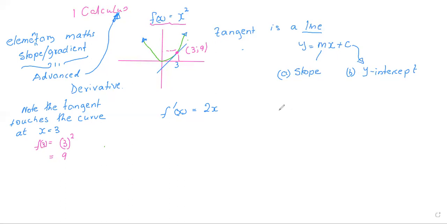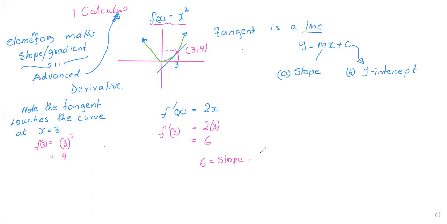Now, the value of the derivative at x equal to 3 will be 2 by 3, and that will give us a 6. Now, be careful. This implies that 6 is equal to the derivative.